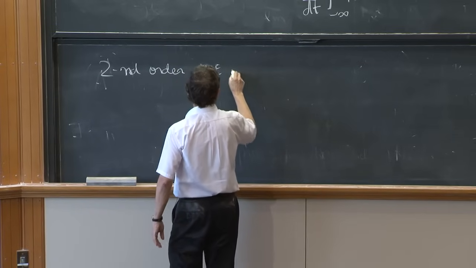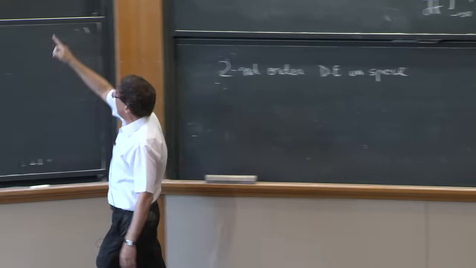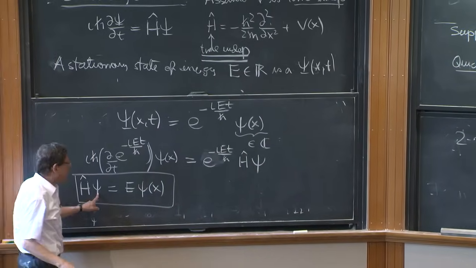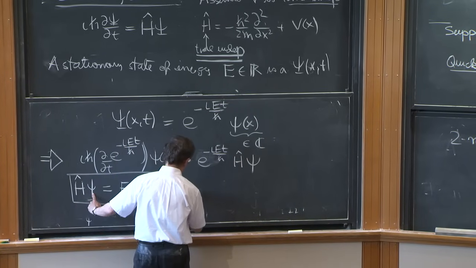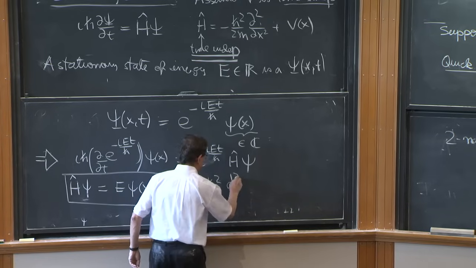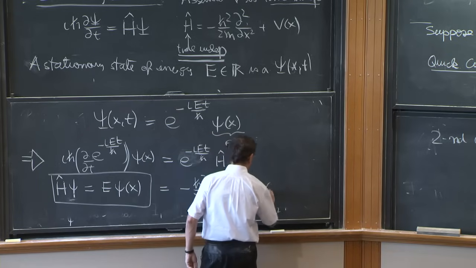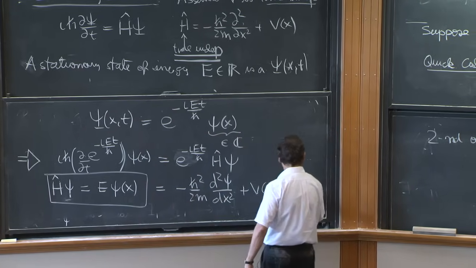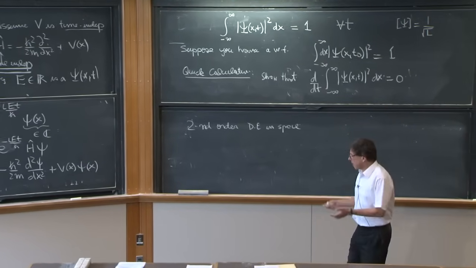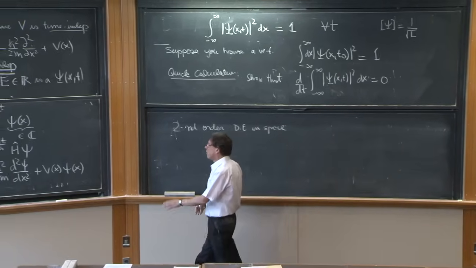The H operator has partial derivatives, but this time, you might as well say that H is minus h bar squared over 2m, the second derivative of psi with respect to x, plus V of x times psi of x. Because psi only depends on x, you might as well write it as a complete derivative. So, a second-order differential equation.